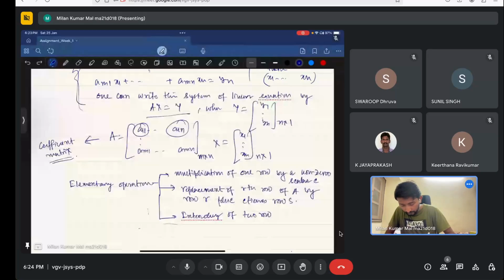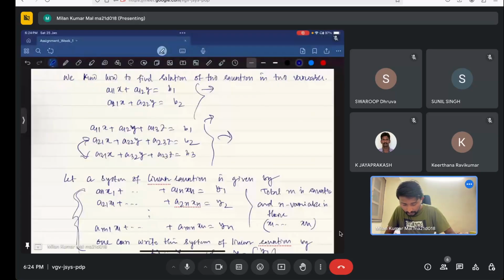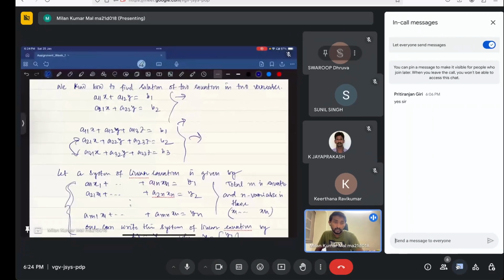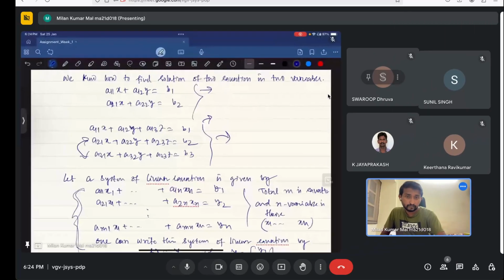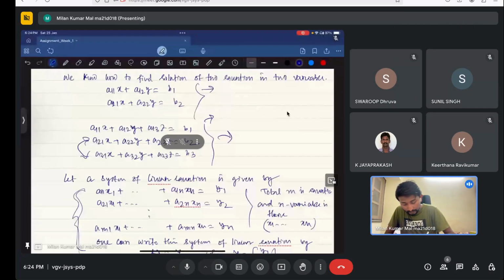Let A be a system of linear equations. We have mentioned b on the right-hand side, so b will not be here; let's take something different.